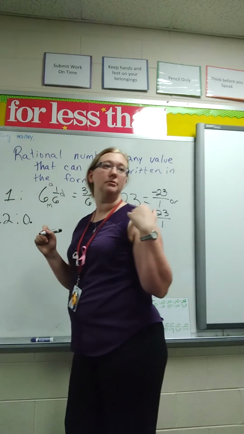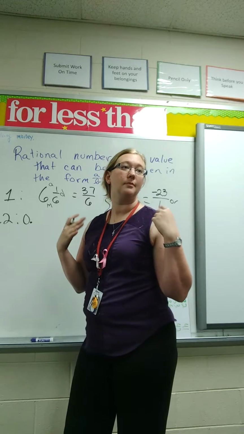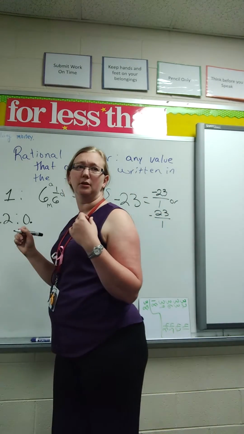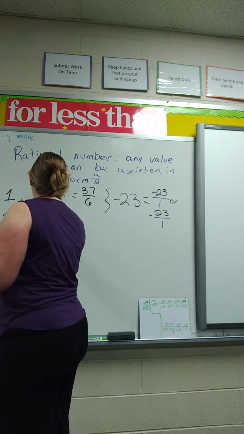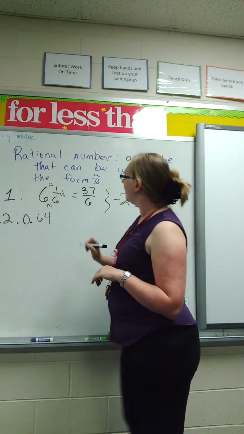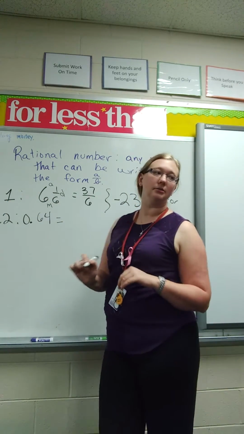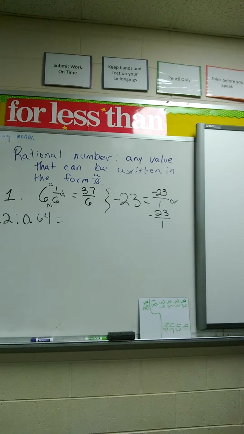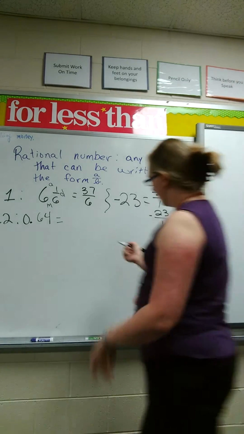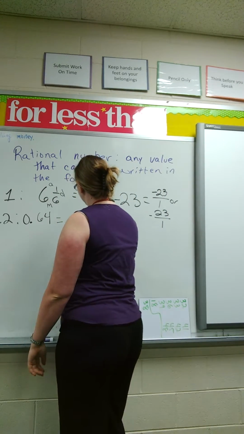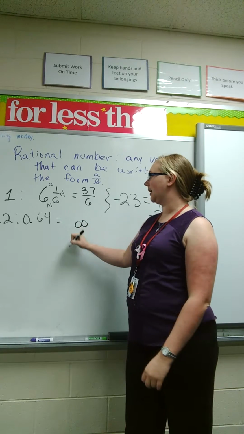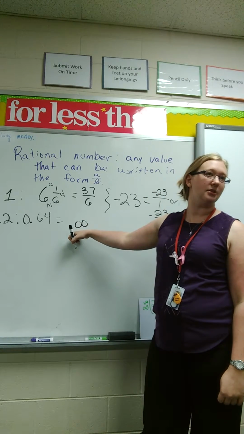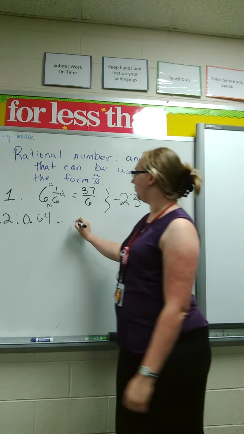Oh, 0.64. Okay. Thank you. As a fraction, how many decimal places do I have? 2, right? Okay, so I need 2 decimal places. And can I have a denominator of 0 in a fraction? No, so I'm going to put a 1 in front of it.